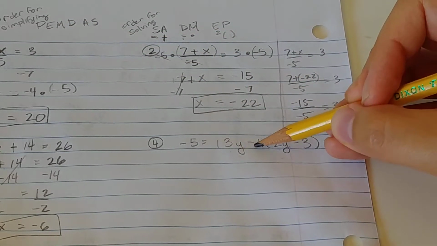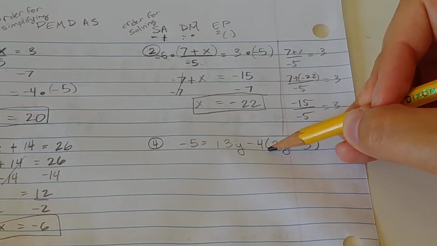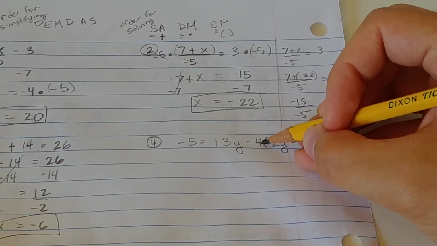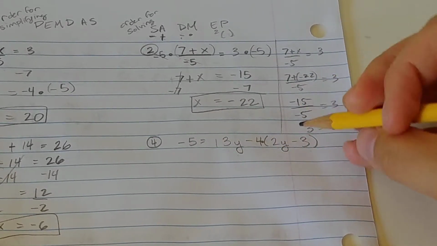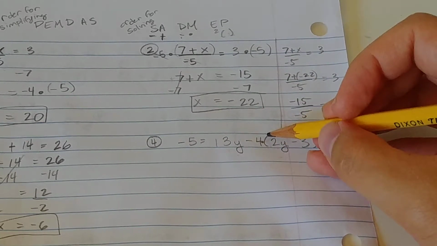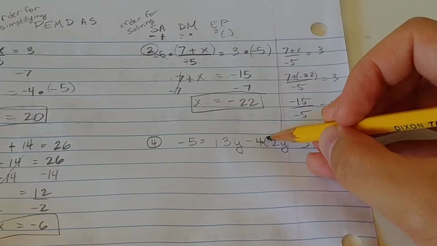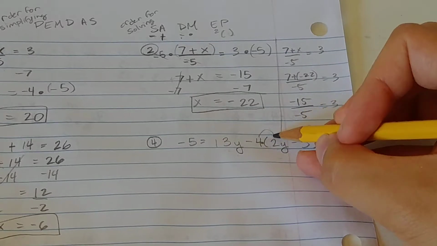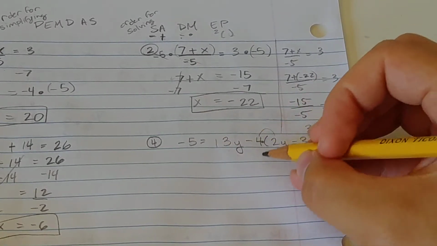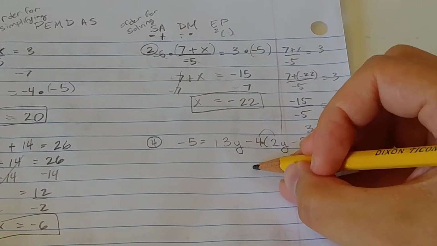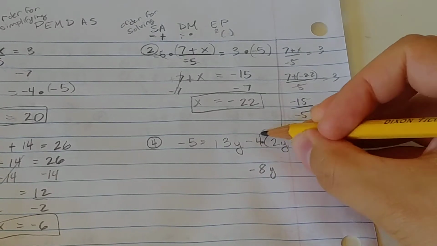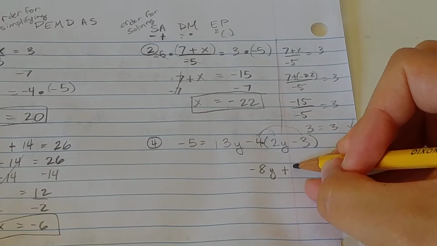We have the negative 4 in front of the parentheses. That's multiplication. I know there's no sign, but there's an invisible sign. Whenever there's a number or a variable in front of the parentheses, it's multiplication. So distribute that. Negative 4 times 2y is negative 8y. And negative 4 times negative 3 is positive 12.